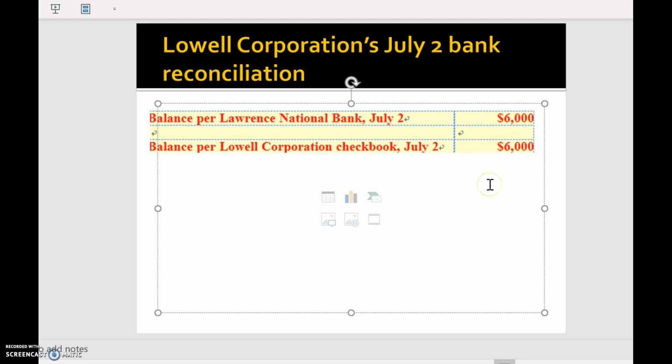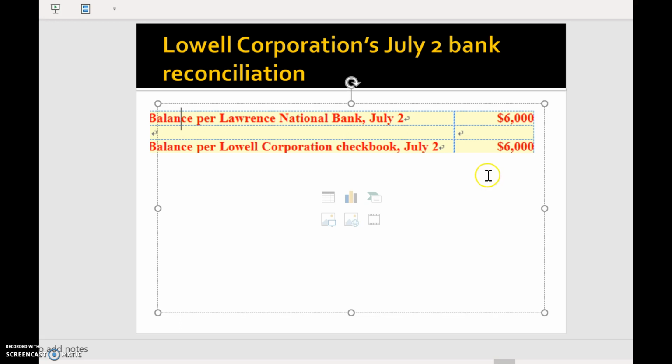This is similar to your own checkbook: you record, say, $100, and if you open your app on your phone, for example BOA, it shows another 100. Again, let me say it again.